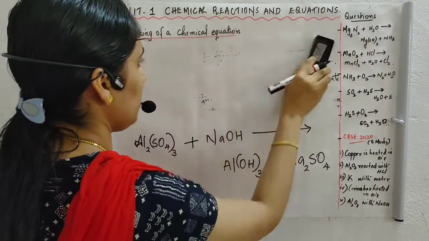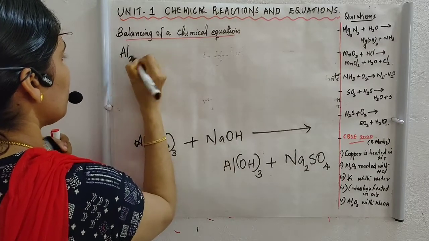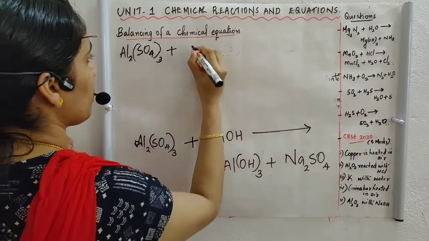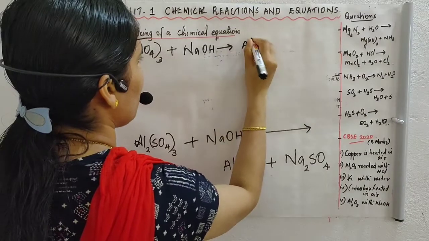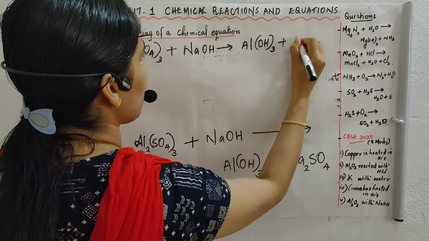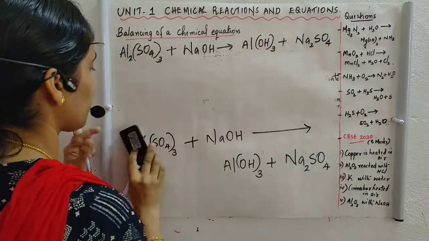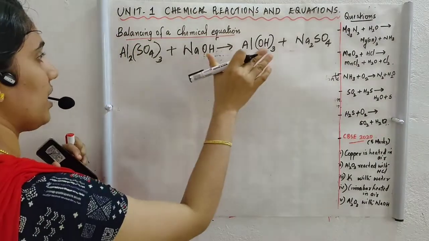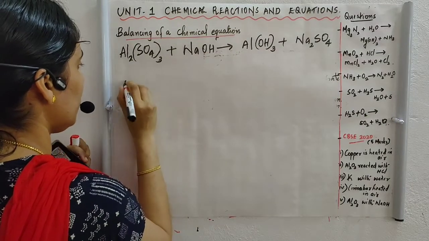Just write the equation that we got: Al2(SO4)3 plus NaOH gives Al(OH)3 plus Na2SO4. Then check whether the number of atoms are equal or not. If it is unbalanced, we have to balance it.